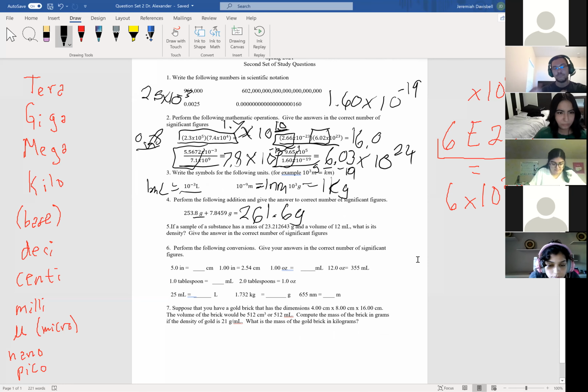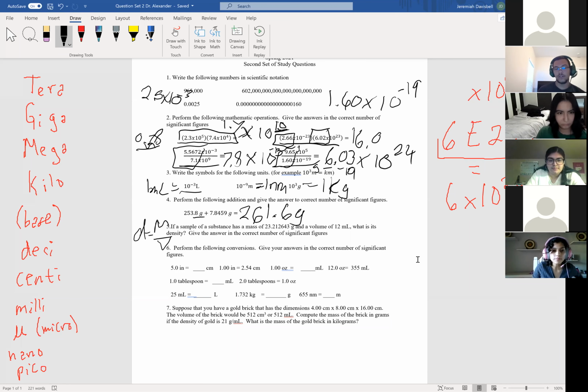So, number 5: if a sample of a substance has a mass of 23.212643 grams and a volume of 12 milliliters, what is its density? Give the answer in the correct number of significant figures. So, what is density, guys? Mass divided by volume.